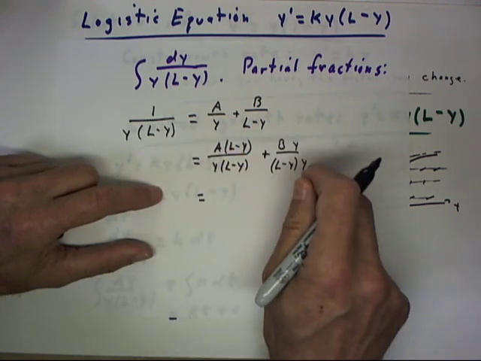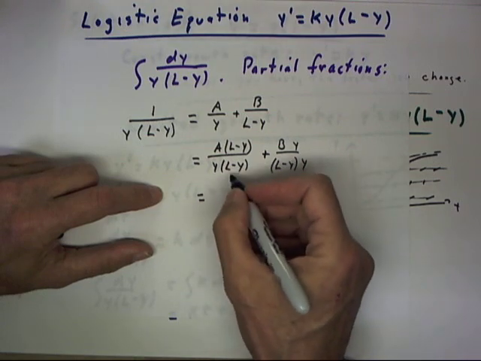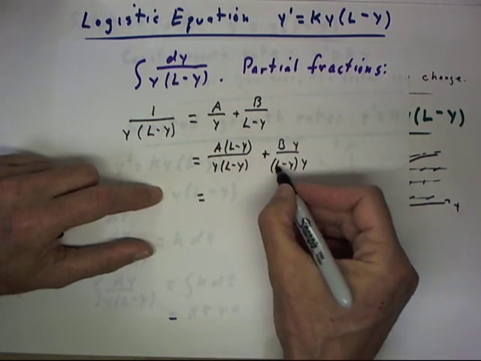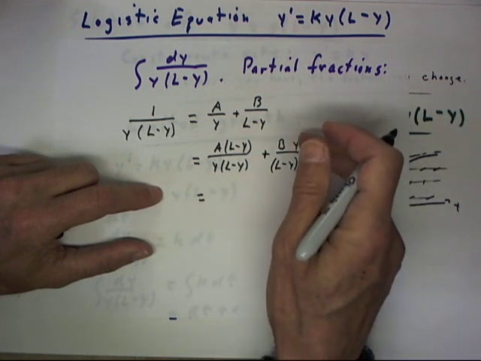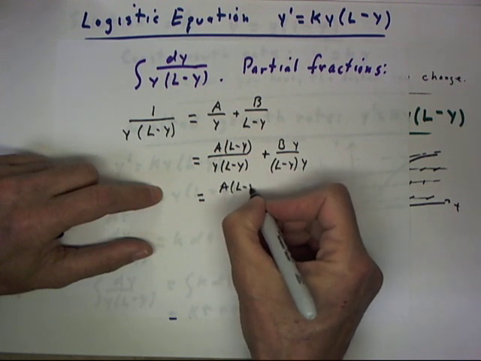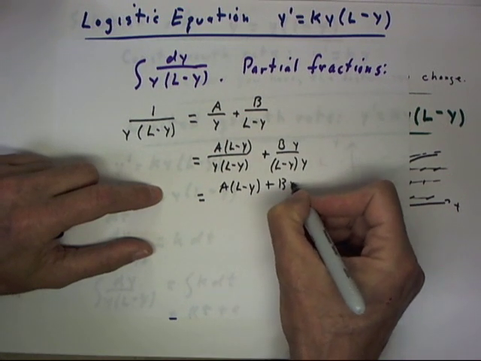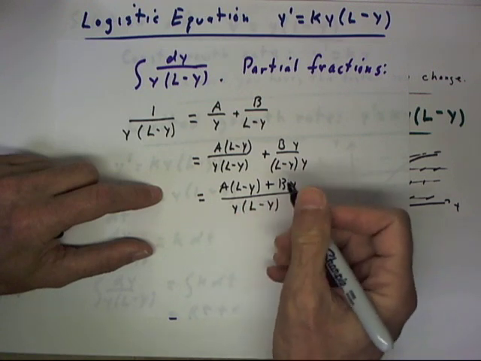And now we can combine the two fractions. The denominators match. The order's different here because we wanted to show how the y divides the y. But we get a times (L minus y) plus b times y, divided by y times (L minus y).